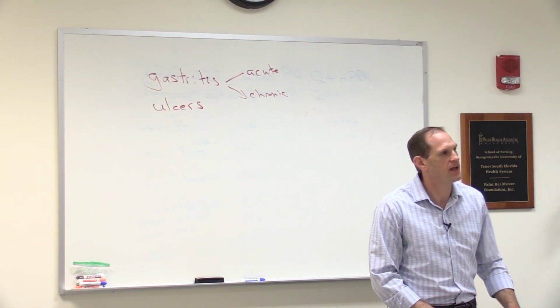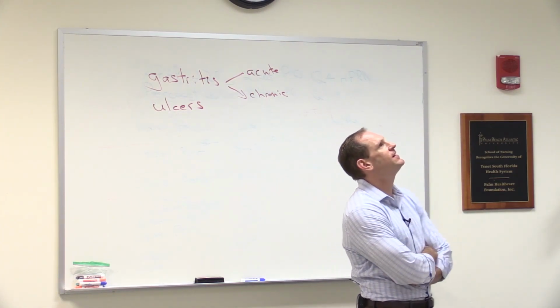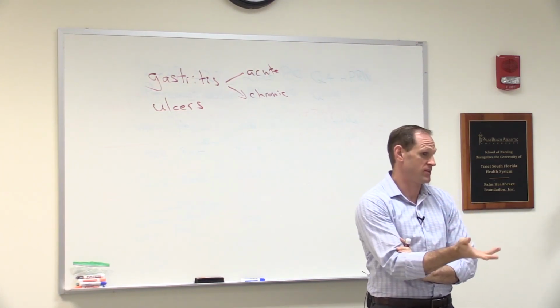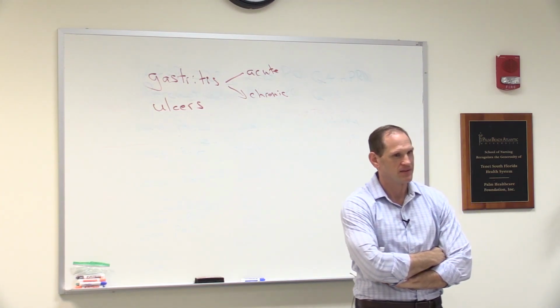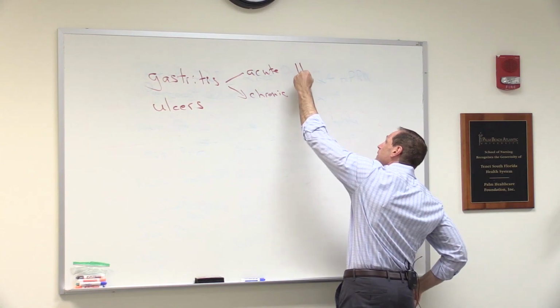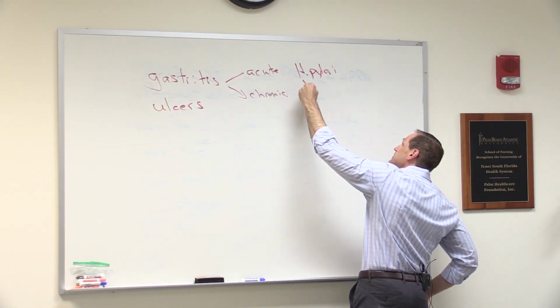Now, when I say this, I don't necessarily mean you have to look up at the ceiling and think real hard. You could just look at the notes and see what the notes say. Drugs. All right, so the big ones are H. pylori and NSAIDs.